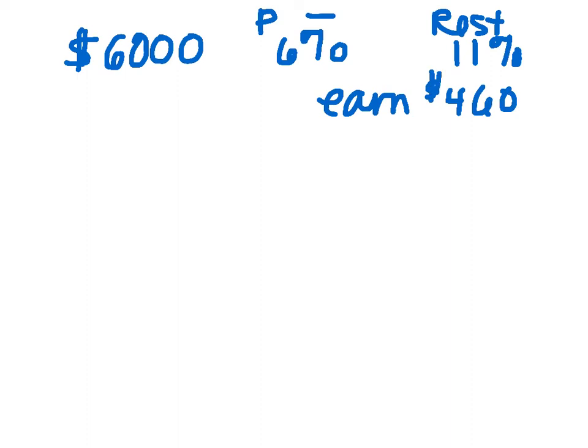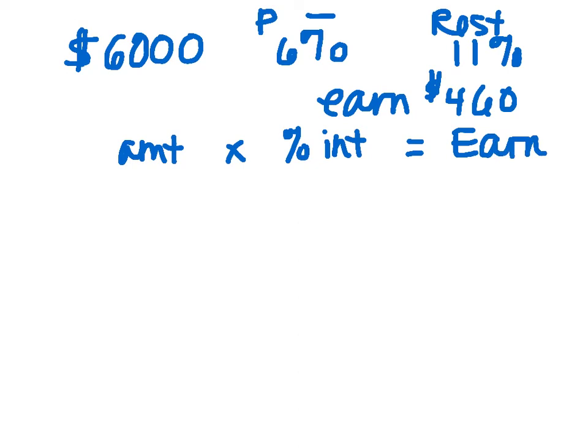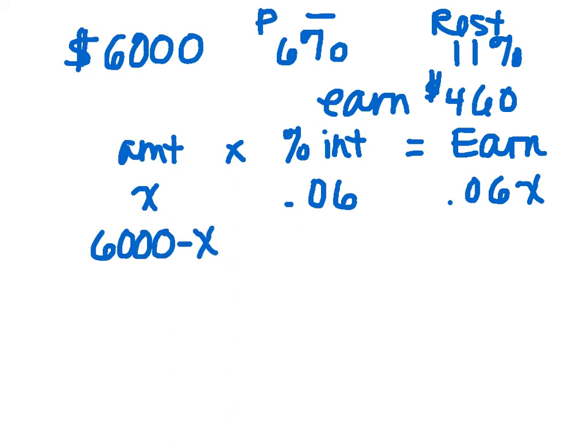So if I know the amount, and I multiply it by the interest rate, the percent interest, I can figure out how much I earn. So I don't know how much is getting invested at each part, but if I call this part X and it's invested in 6%, which we write as 0.06, then it's going to earn 0.06 or 6/100ths of X. The rest is the total minus the part that got invested at 6%, and that's at 11%.